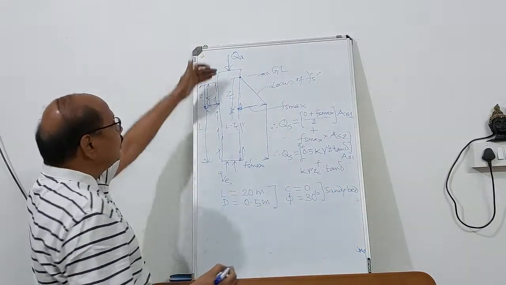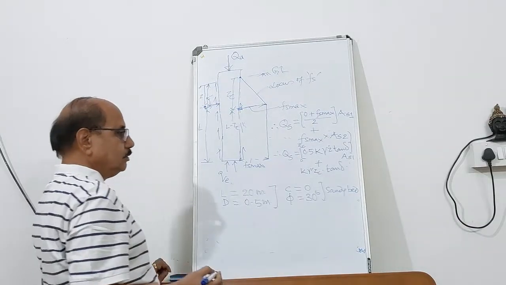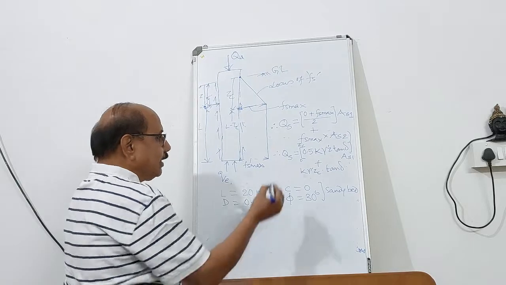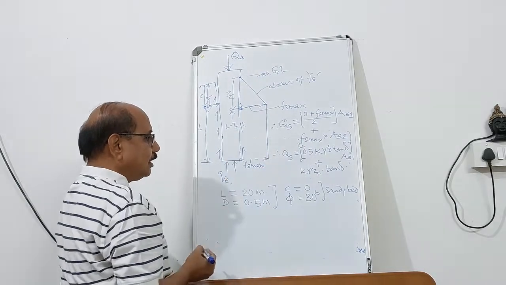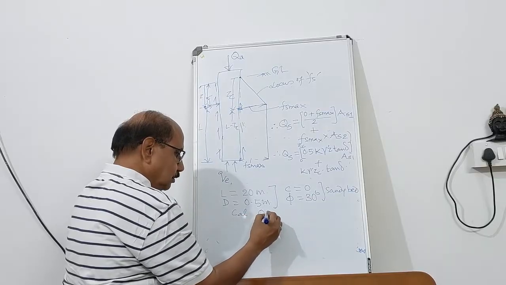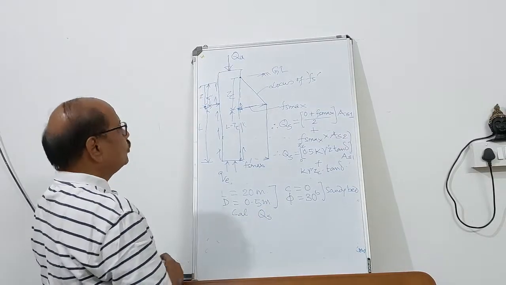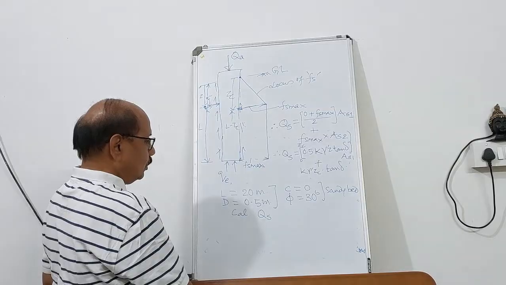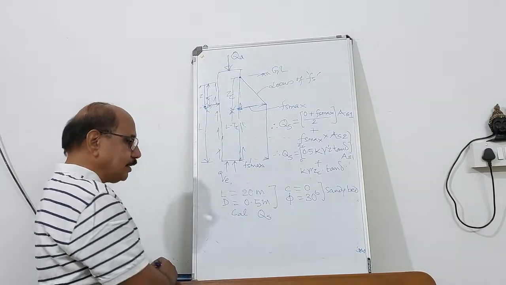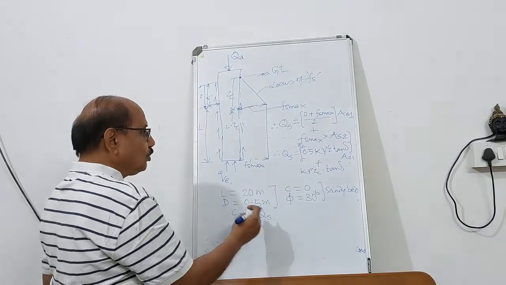In the sandy bed, you have installed the pipe, non-cohesive. So how will you calculate this Qs value? Calculate the total skin friction for this particular pipe.